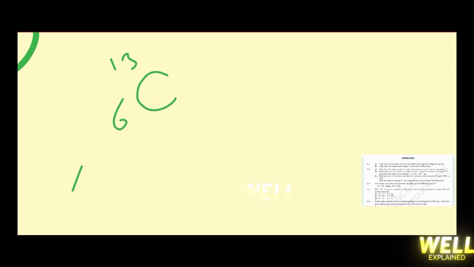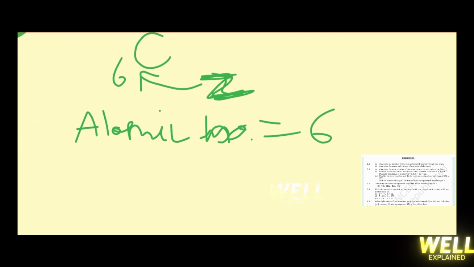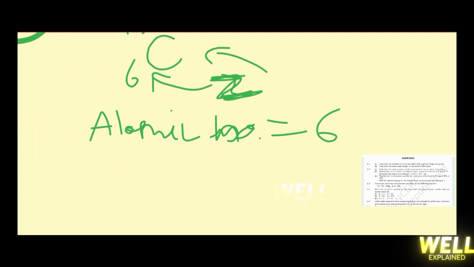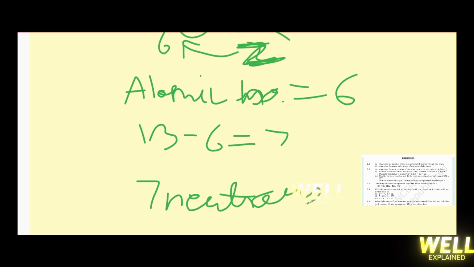So we know that atomic number is number of protons. Here it is represented by Z. So there are 6 protons in this carbon 13, and 13 minus 6 we have 7, so there are 7 neutrons in this atom.